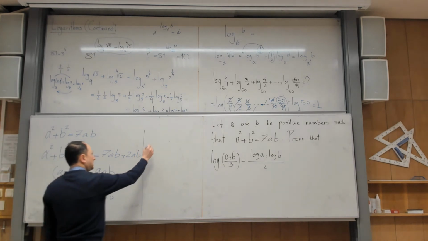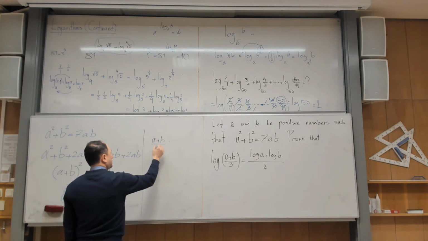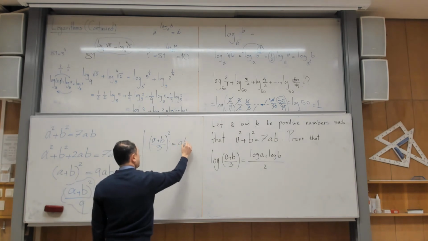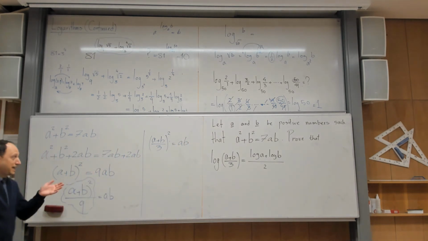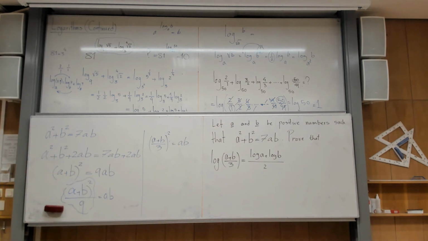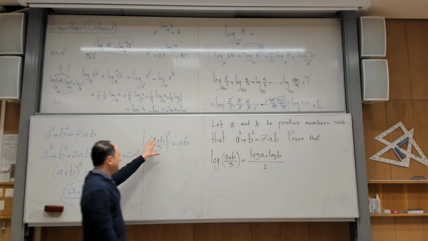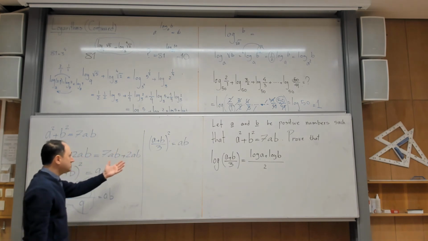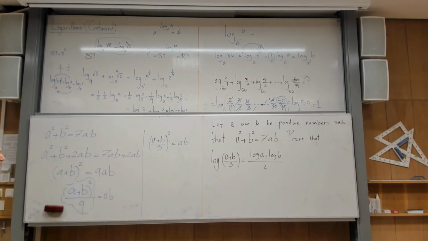A plus B divided by 3, totally to power 2, is equal to AB. At this point you should be very happy, yes, because you were able to get this expression that you need somehow. But unfortunately, this is not related to logarithms at all. But what would be the next step?